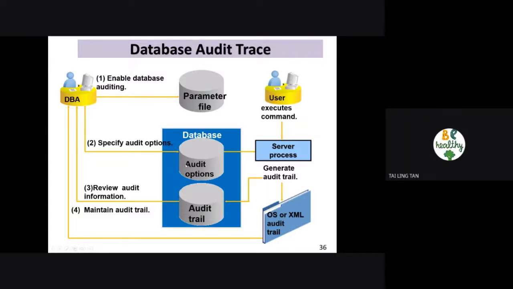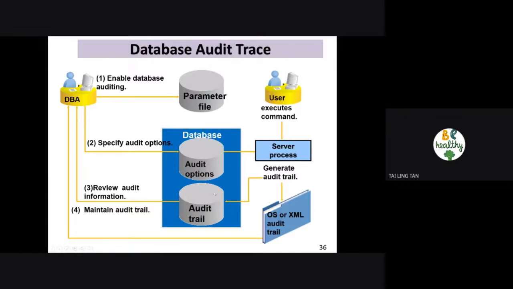And of course, we have a sequence of procedures to follow and see whether the database transaction or current state follows what we call the SOP. So specify this audit option. They will go through the test and the check, to see whether the sequence follows this SOP or not. Okay, review of this audit information.